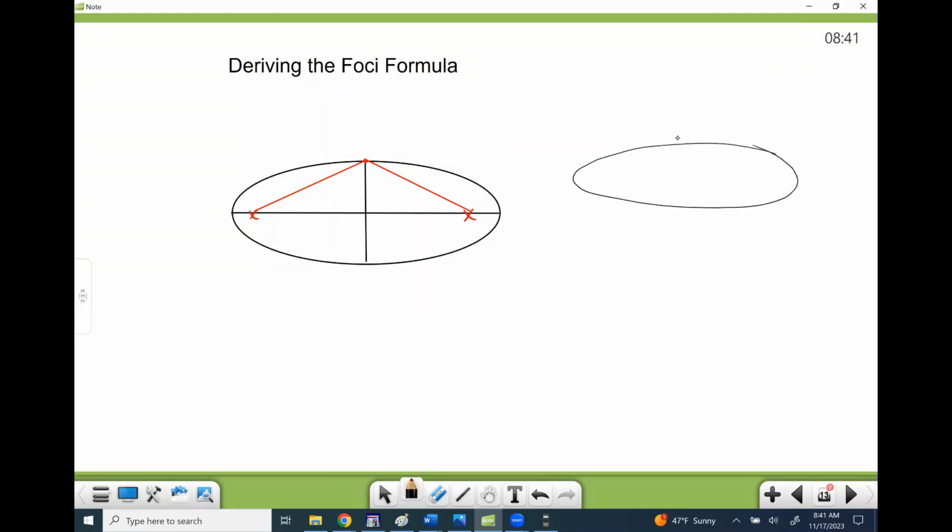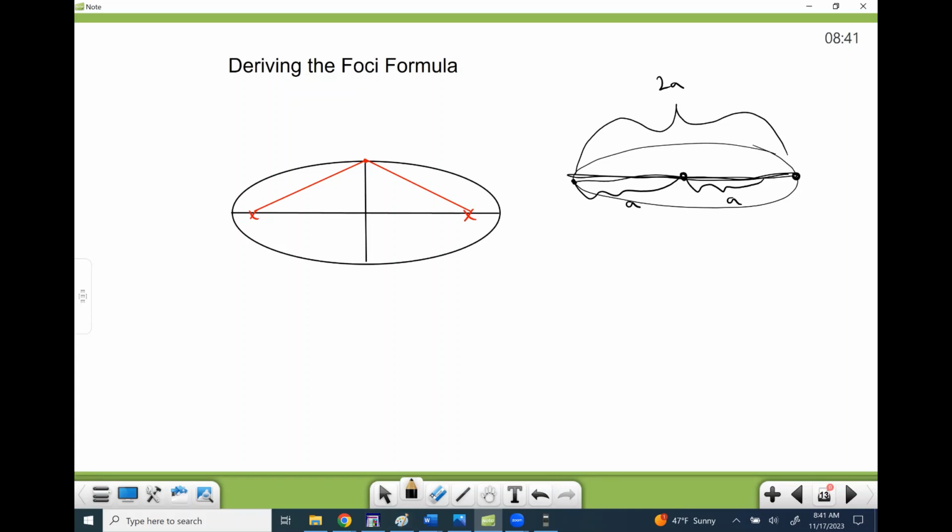If we have an ellipse, we know that the distance from the center out to a vertex is the letter A. And same thing over here. The distance from the center out to a vertex is the letter A. So that means that the whole thing must be A plus A. So the whole thing must be 2A long. Okay, so our string is 2A long.